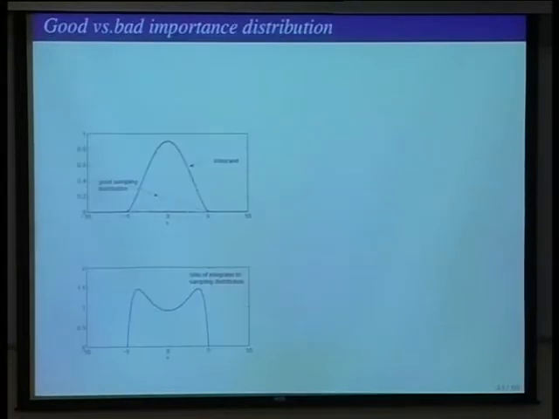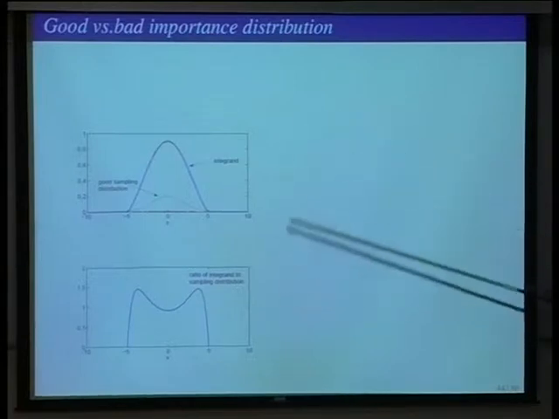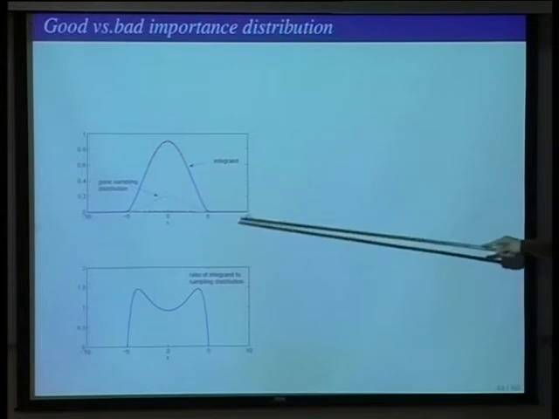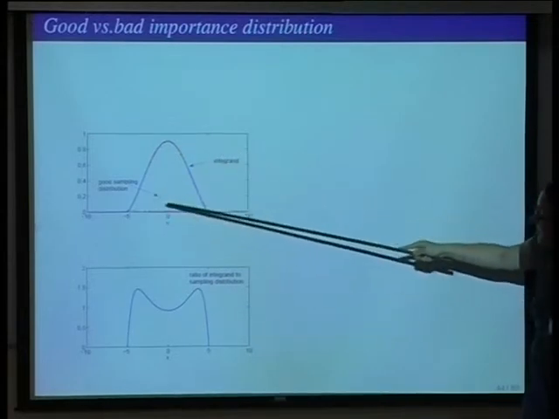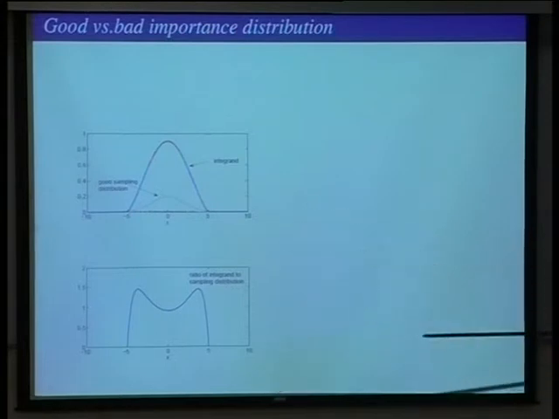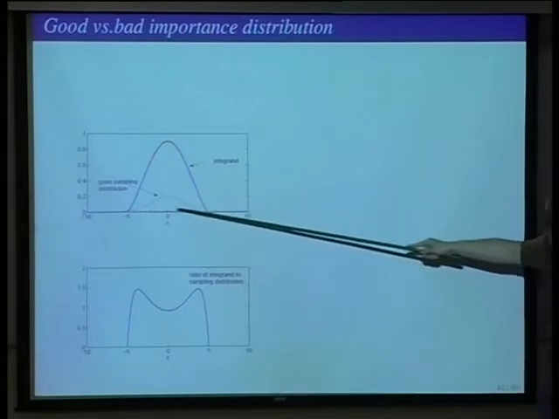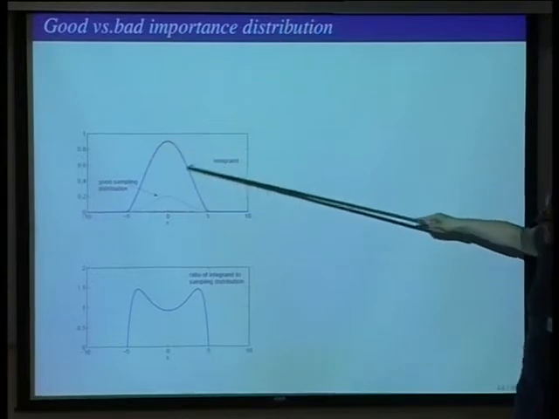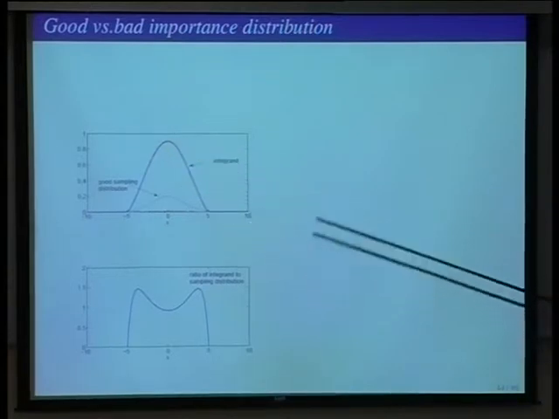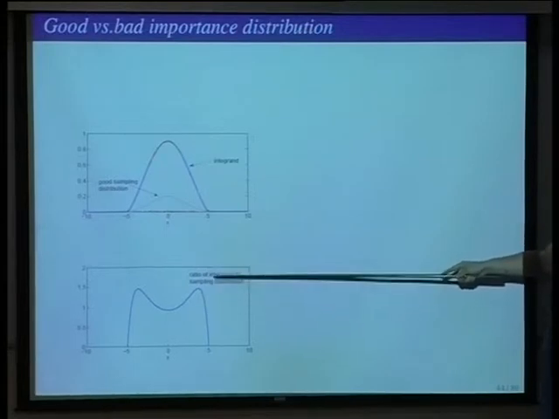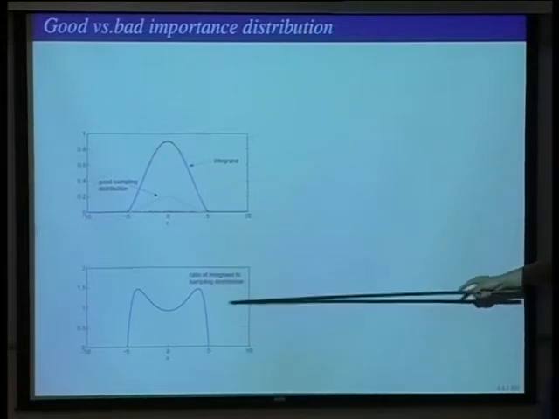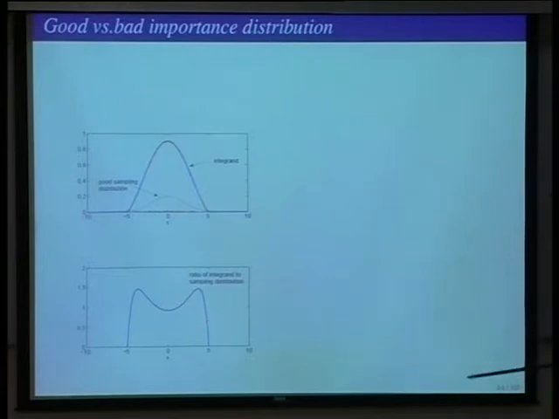Okay, so here's just a cartoon. This blue curve is the function I wanted to integrate. Here's some importance distribution that I picked that I thought looked pretty good. You can see the samples from this distribution hit where the integrand's high. Let me back up, because I don't know if I emphasized this.